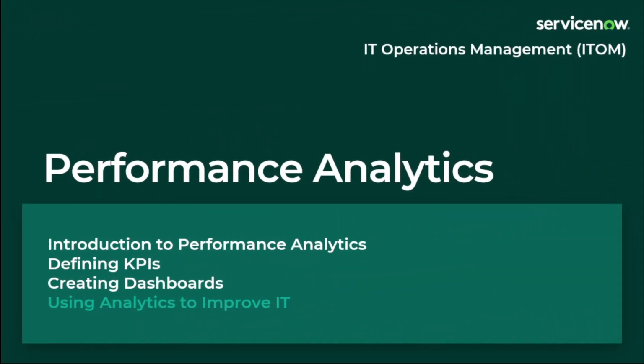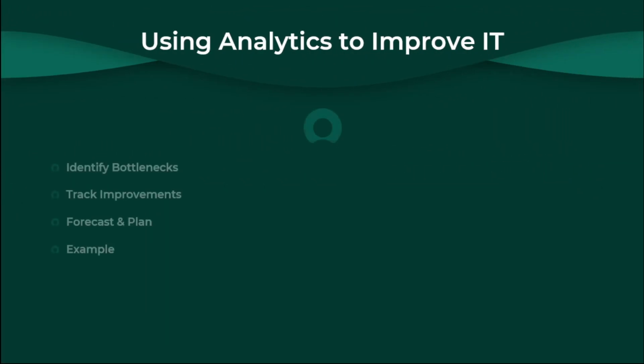Then, using analytics to improve IT. Performance analytics is not just for observation, it's a tool for strategic decision making. Identify bottlenecks: spot where incidents pile up, alerts go unanswered, or tasks are delayed. Track improvements: use trends to measure if changes, automations, or workflows are actually helping.